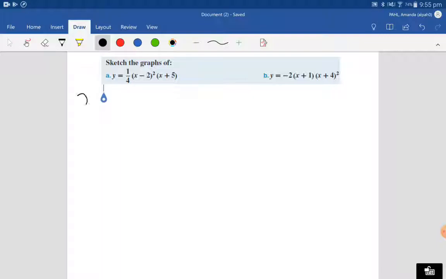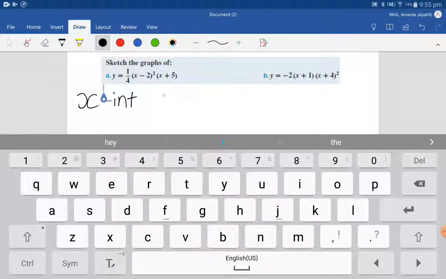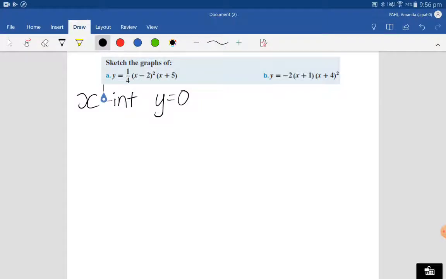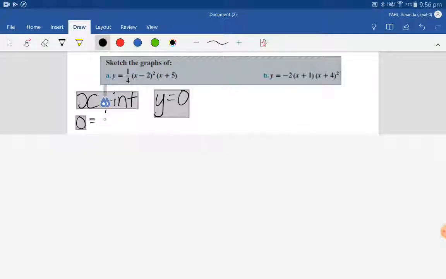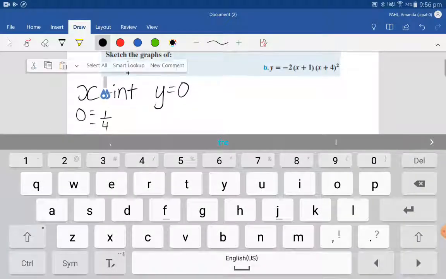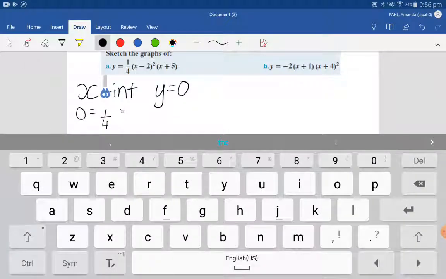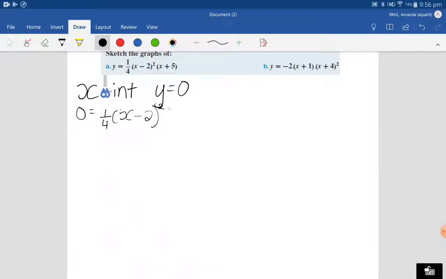To find any x-intercept, I always let y equal 0. So 0 equals 1 over 4 (x − 2) squared (x + 5).